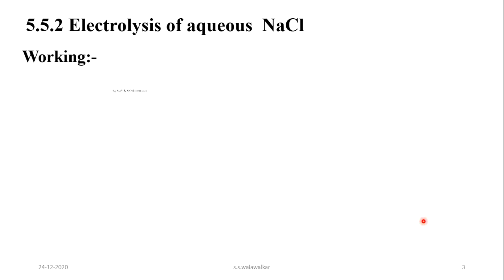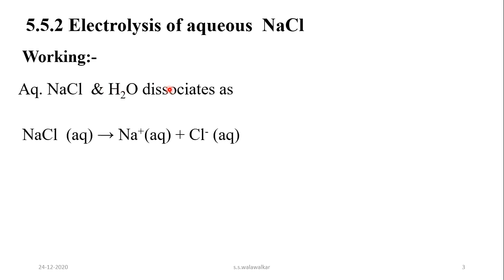Now see the working of this cell. In this cell, aqueous sodium chloride is there and water is also there. Both get dissociated. Sodium chloride when dissolved in water gives an aqueous sodium chloride solution, which dissociates and gives sodium ions and chloride ions.